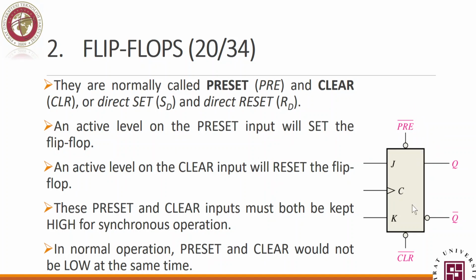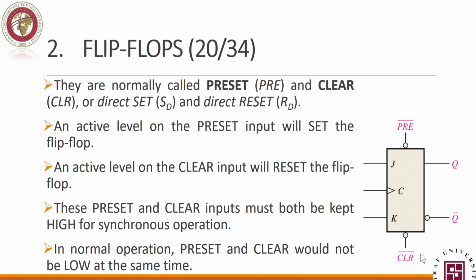If it is active high or active low, let's say in this case active high, this is the preset. That means if this one is active, Q will be high no matter what. So we wouldn't care about whatever is available here: clock cycle, rising edge, falling edge, J and K, it doesn't matter. The output of the flip-flop will be set no matter what.